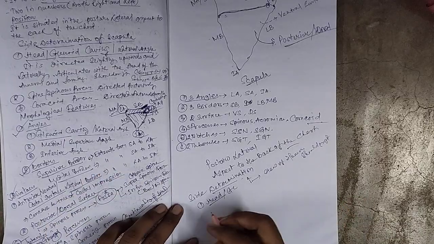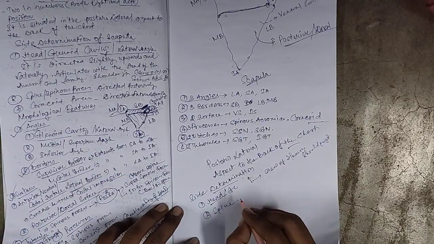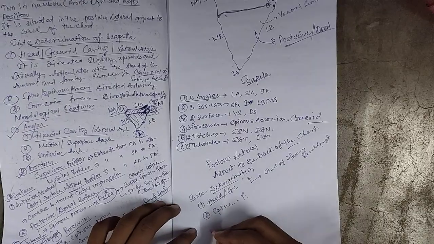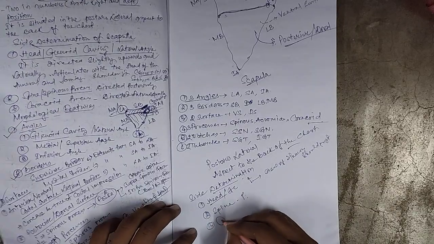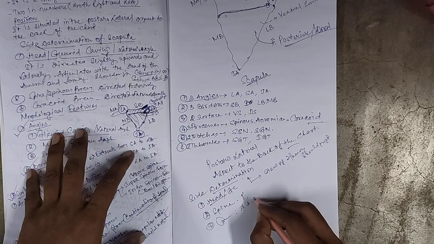And then the spine or spinous process is directed posteriorly. Then we have discussed the coracoid process, which is directed anterolaterally.